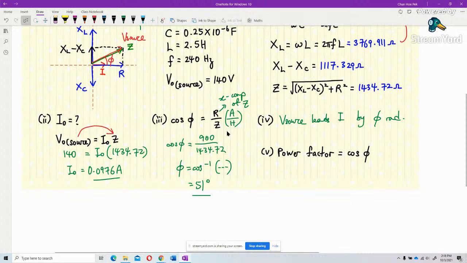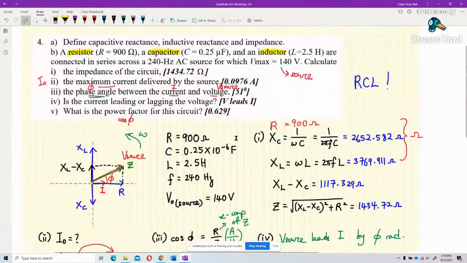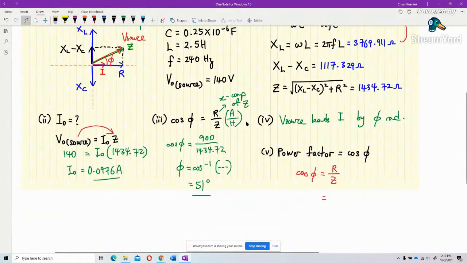This one is just cos phi, so it's R over Z. The cos phi itself is the power factor. So that answer, R divided by Z, you will get 0.629. That's it. Okay, easy.